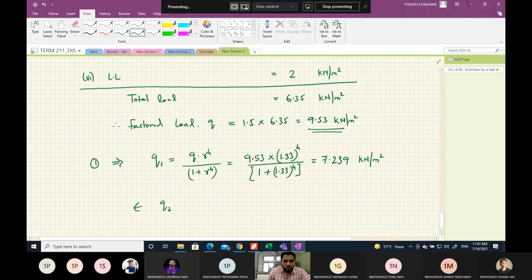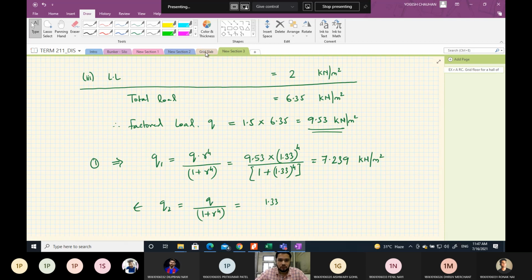Similarly, Q2 will be equal to Q by 1 plus r raised to the power 4.